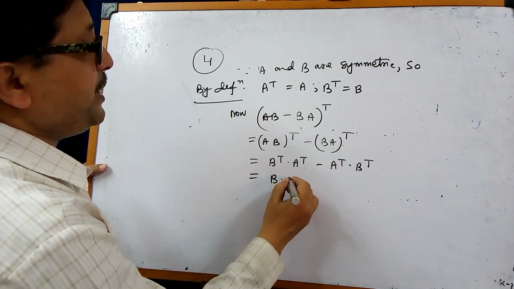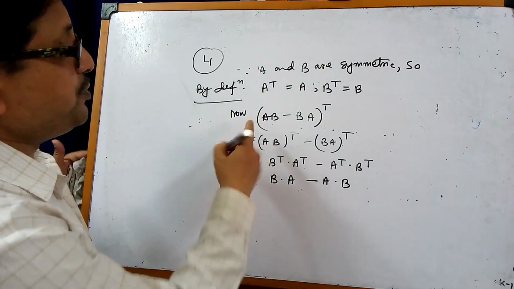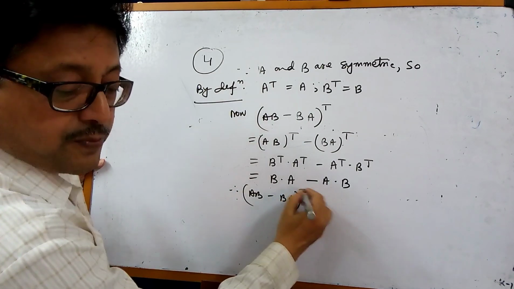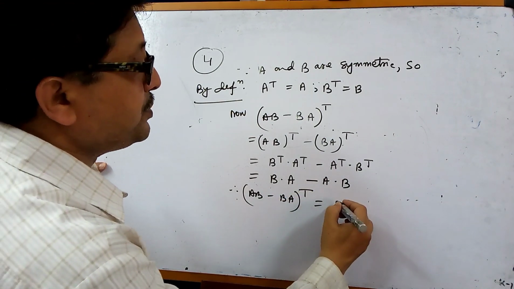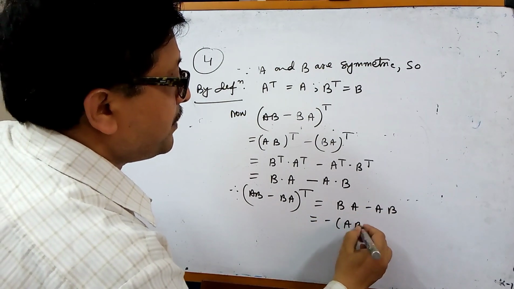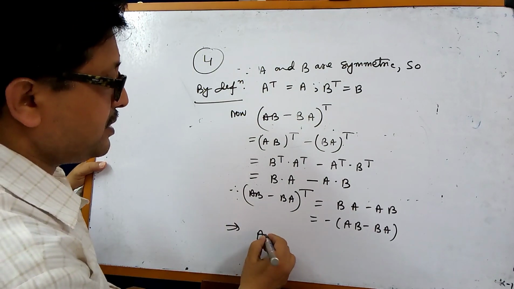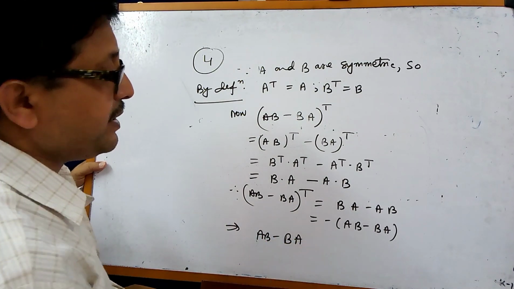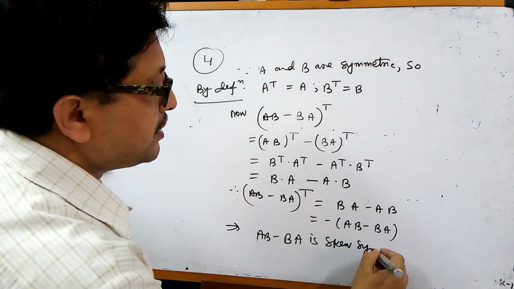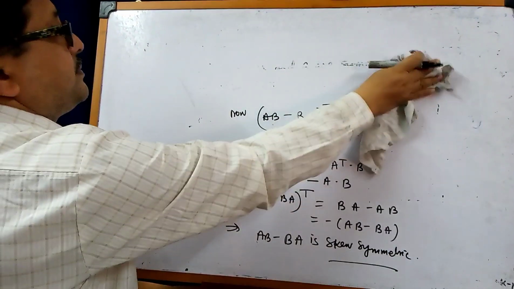Putting B for B transpose and A for A transpose, AB minus BA transpose is equal to BA minus AB. This is nothing but minus of AB minus BA. So this implies AB minus BA is skew symmetric. Done. Number 4.